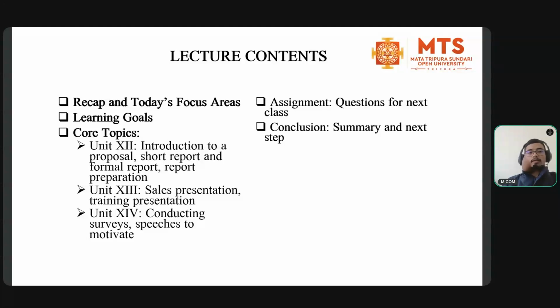Then we shall discuss all the 3 units, then the assignment questions for the next class, and we shall conclude the lecture with the next steps.